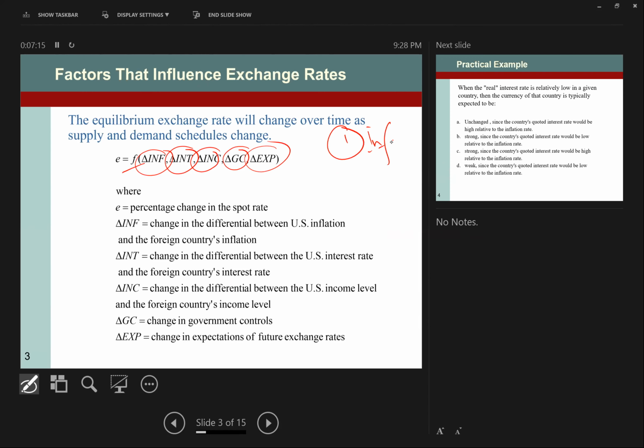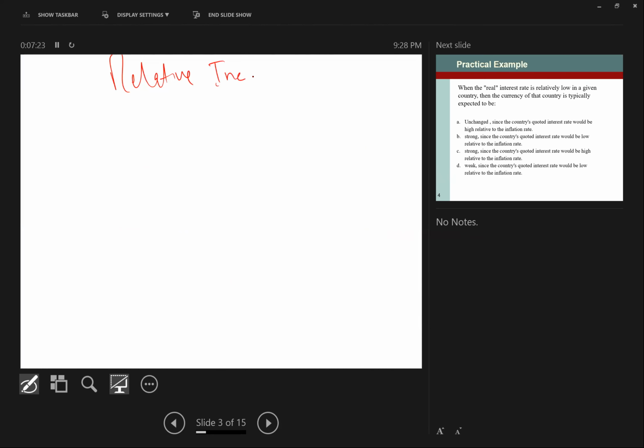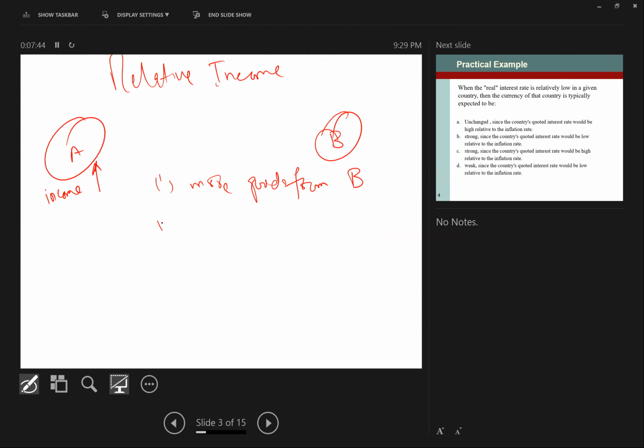I'll ask Laura. When there is an increase in one country's income level, this country will demand more foreign goods, and there will also be an increase in the demand for foreign currency, and an increase in the exchange rate for foreign currency as well.